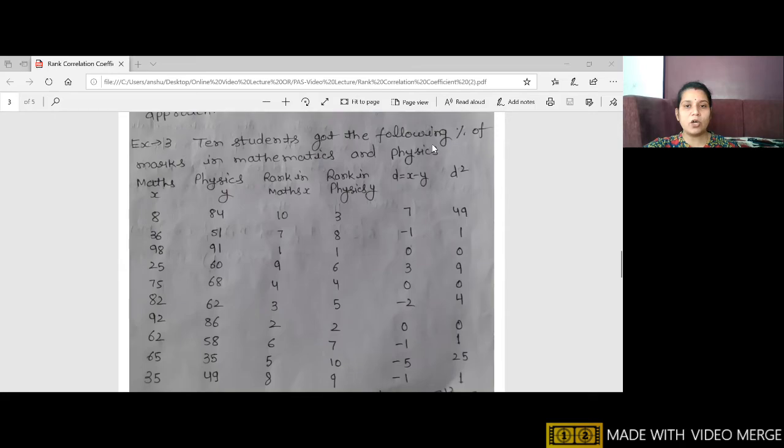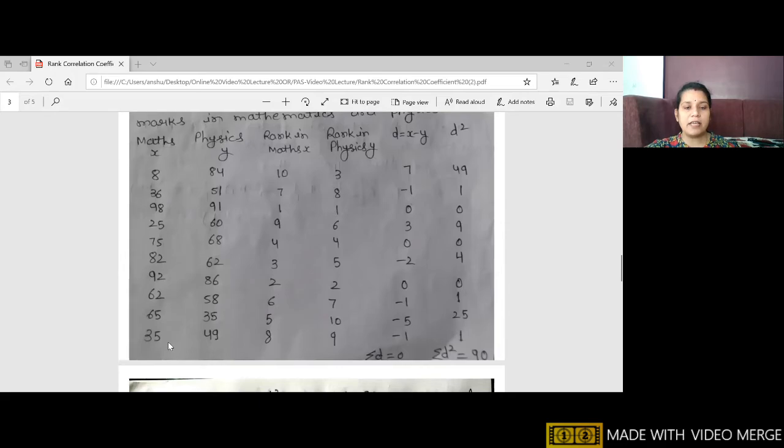Maths marks are 8, 36, 98, 25, 75, 82, 92, 62, 65, and 35. And marks in physics, same students, are 84, 51, 91, 60, 68, 62, 86, 58, 35, and 49.